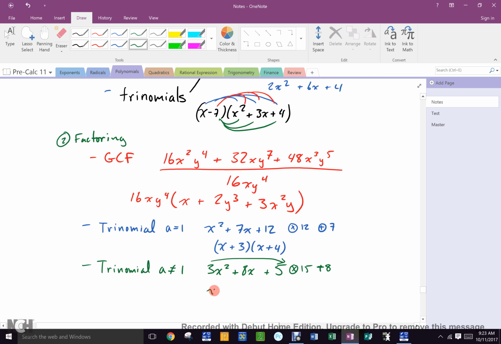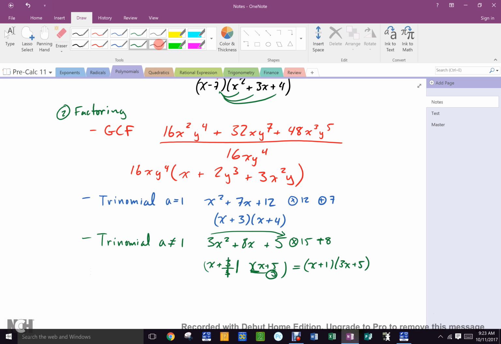What is it? 3 and 5. x plus 3 over 3. x plus 5 over 3. Simplify your fractions. Denominators go to the front. x plus 1, 3x plus 5. Done. And the fourth kind, flavor 4.